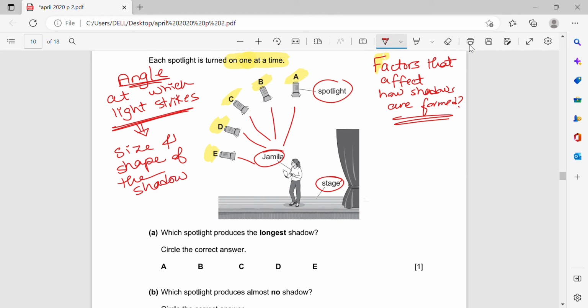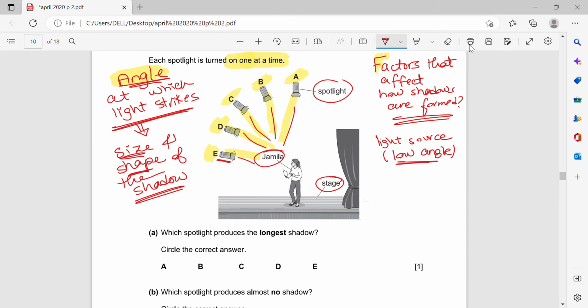يبقى the angle at which the light strikes affects the size and shape of the shadow. ازاي بقى؟ كل ما كان ال light source at a low angle. مين هنا the lowest angle?